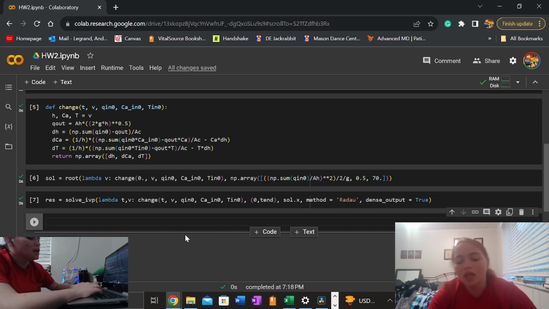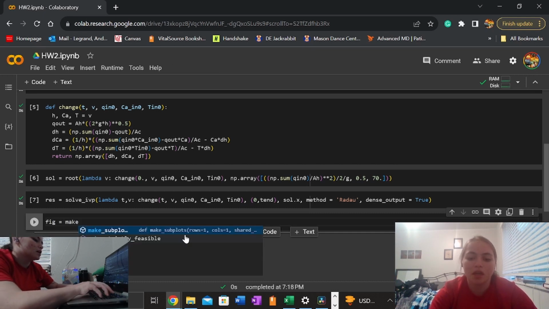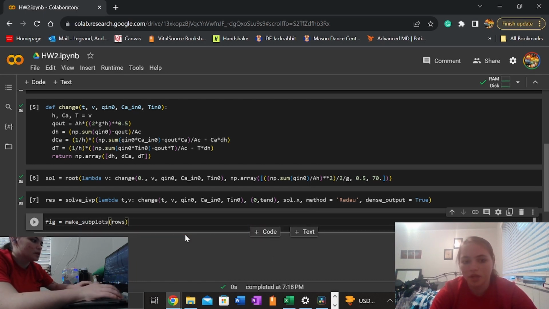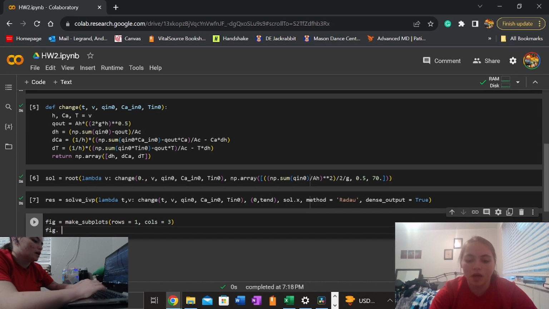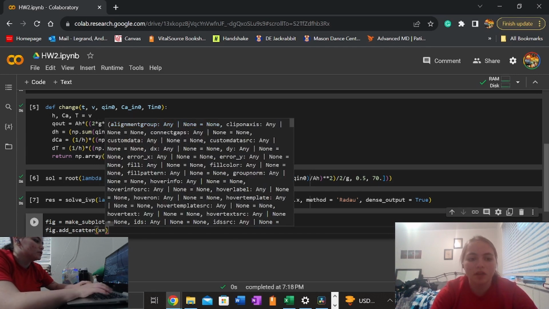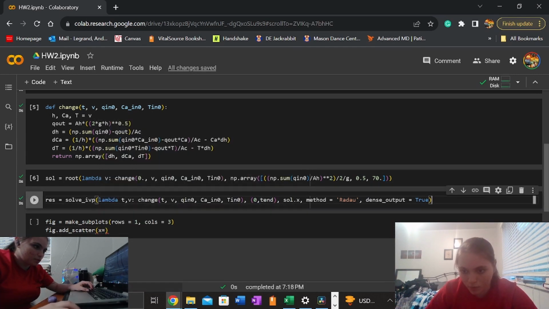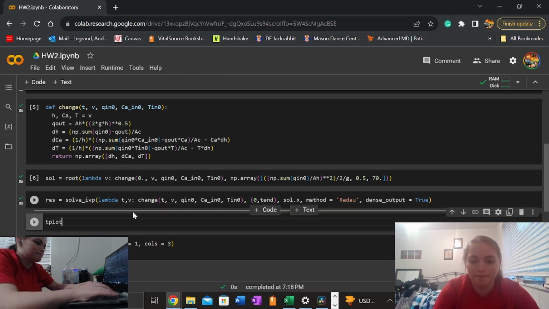All right, let's now graph it. So we have fig is make_subplots, and since we're doing 3 of them, we have rows equal to 1 and columns equal to 3. All right, and then we have fig.add_scatter, and we have to put in our x value. Beep beep whoop, Andrea, you forgot t_plot.